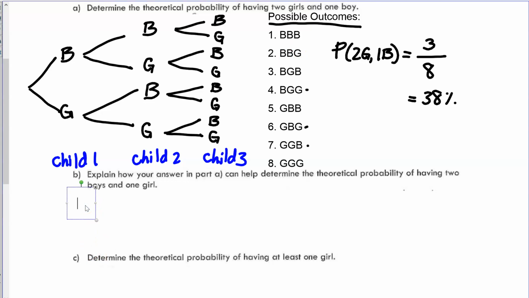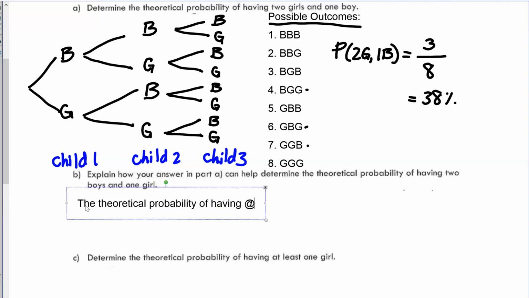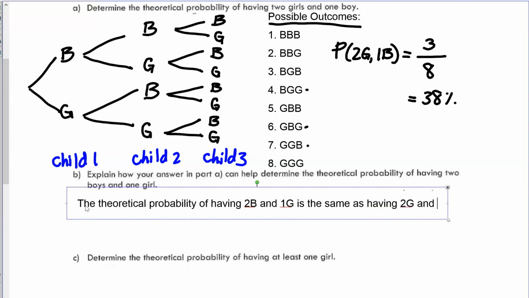So we can say the theoretical probability of having 2 boys and 1 girl is the same as having 2 girls and 1 boy. Right there, there are 3 possible ways that can happen. So they're both 3 out of 8 or 38%.